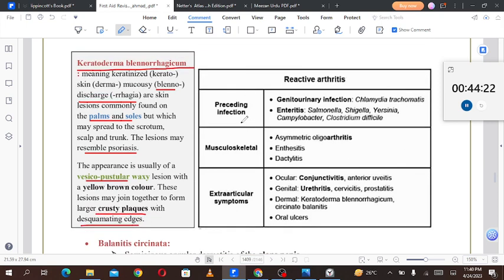What is reactive arthritis? The preceding infection is a genitourinary infection, which may be caused by Chlamydia trachomatis, or enteritis, which is caused by Salmonella, Shigella, Yersinia, Campylobacter, or Clostridium difficile. Musculoskeletal involvement includes asymmetric oligoarthritis, enthesitis, and dactylitis.